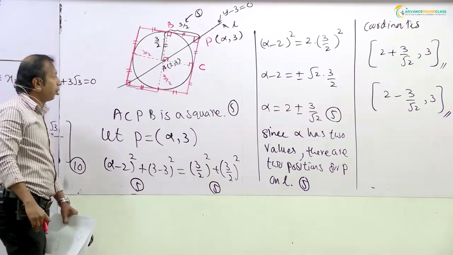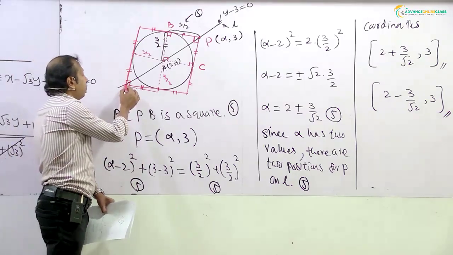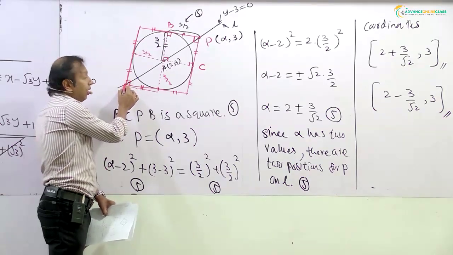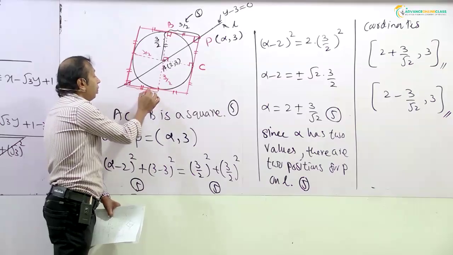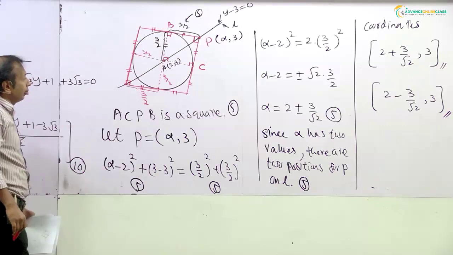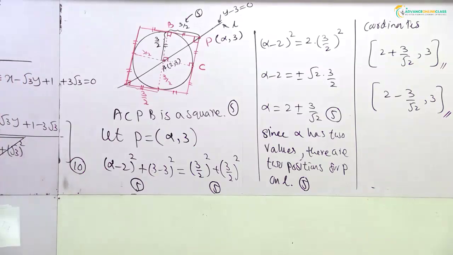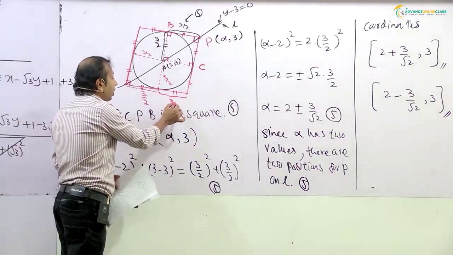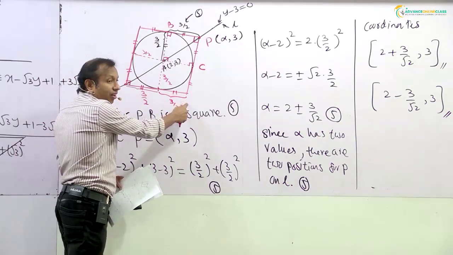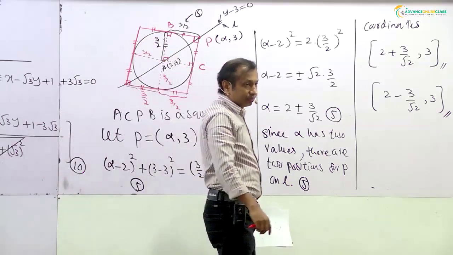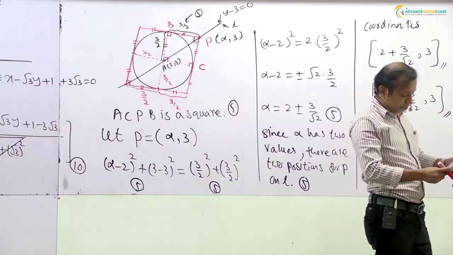Yes. The length of this tangent from the other point P on the same line L, this also 3 by 2. But the whole length is 3. This is also 3. What is the area? 9. Area is 9.